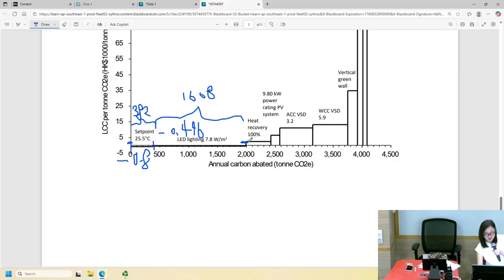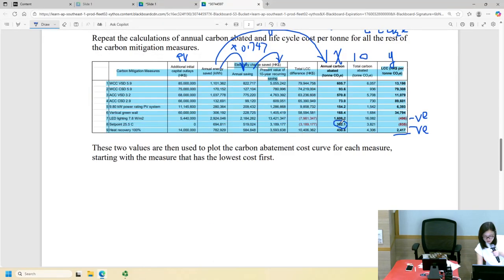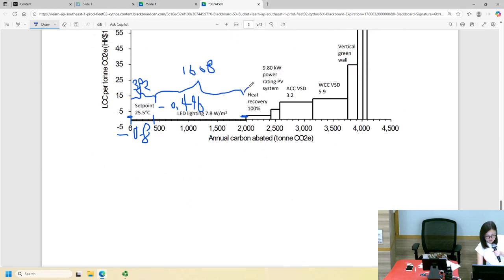The width of this rectangle would be 436, so this length would be 436 tons of carbon dioxide equivalent.